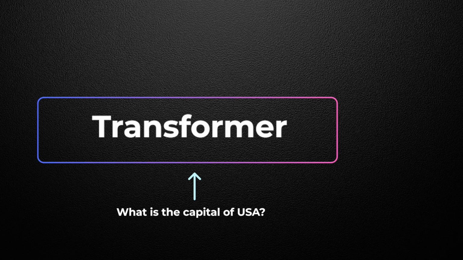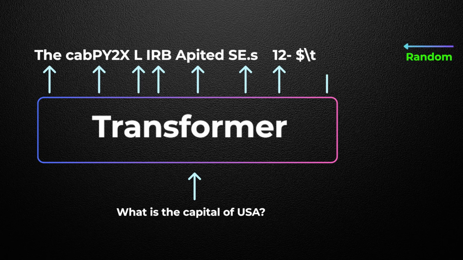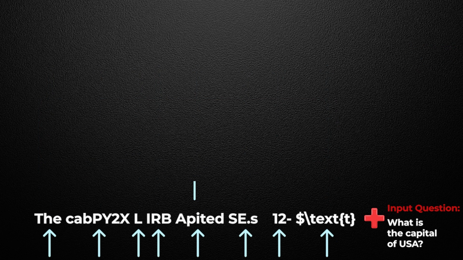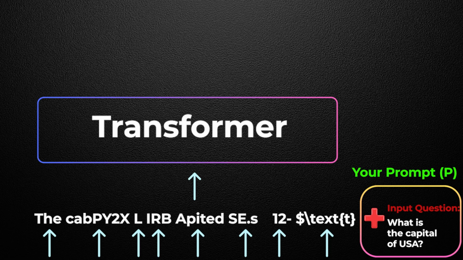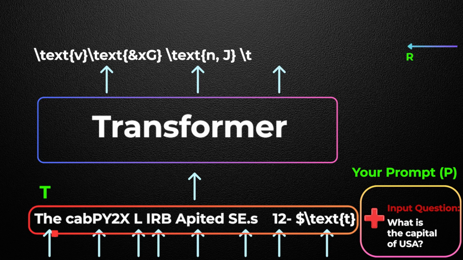Let's clarify coherent text from random noise. The model always starts from noise, but the refinement steps are conditioned on your prompt. At step T, we don't just say, denoise this gibberish.